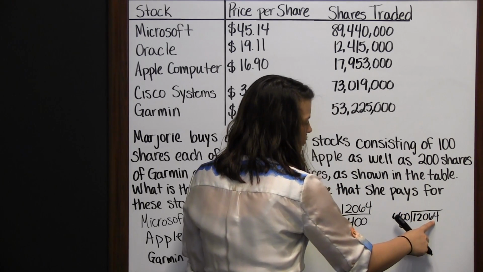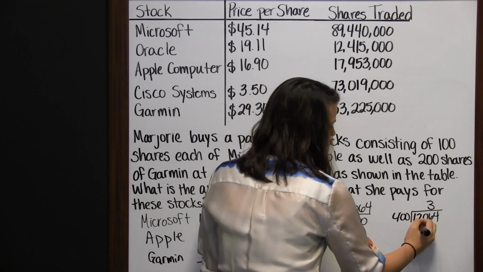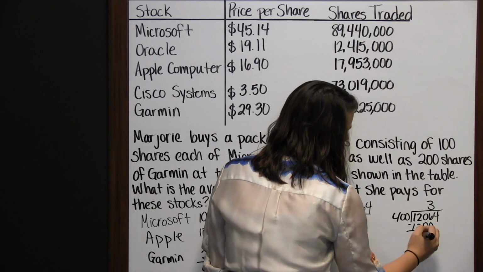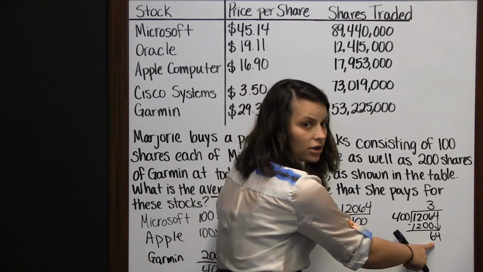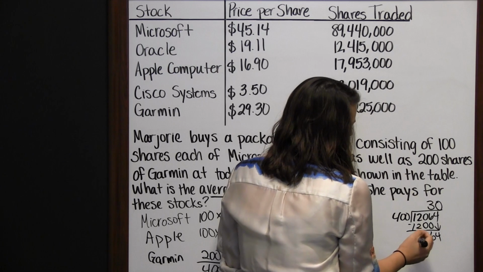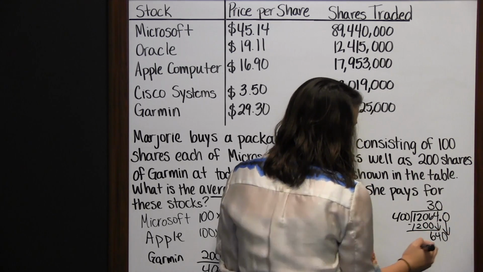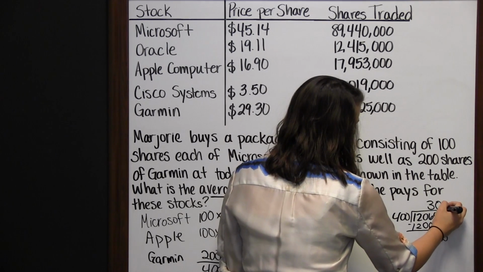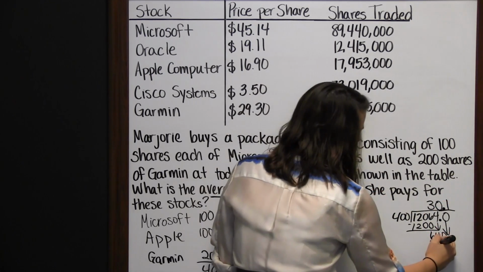400 goes into 1206 3 times. 400 times 3 is 1200. Subtract and you get 6. Bring down the 4. 400 does not go into 64 at all, so that's a 0, which means we add a decimal and a 0 and bring it down. 400 goes into 640 1 time, so bring that decimal up. 1 times 400 is 400.